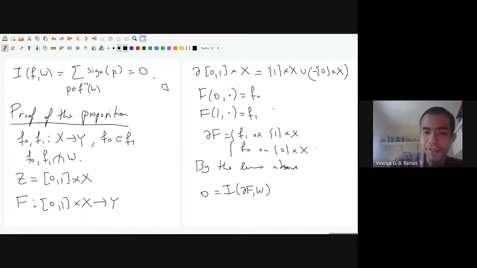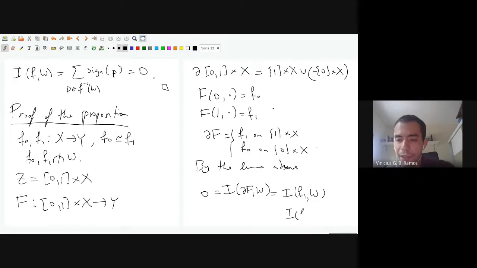But now, the intersection number of this, you're going to count a bunch of points that come from the intersection of F1 and W, and F0 and W. Actually, let me write everything on the same line to be clear.